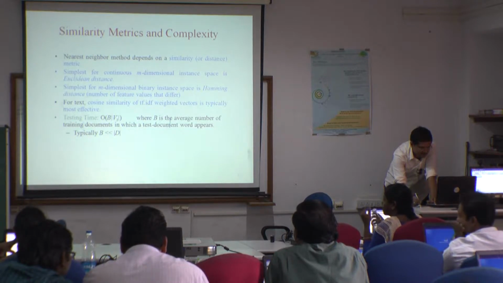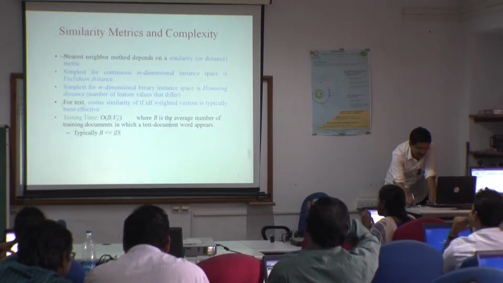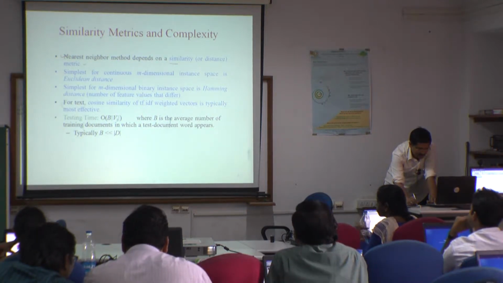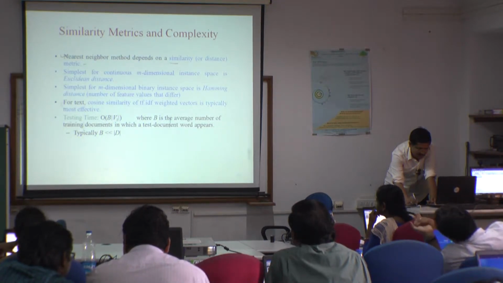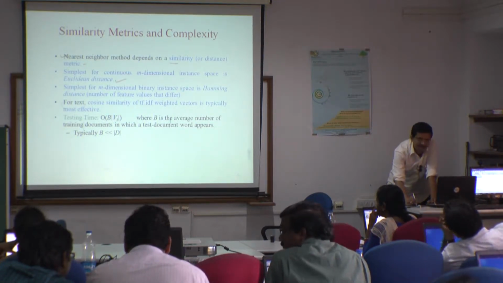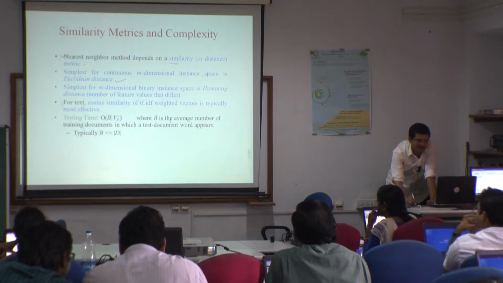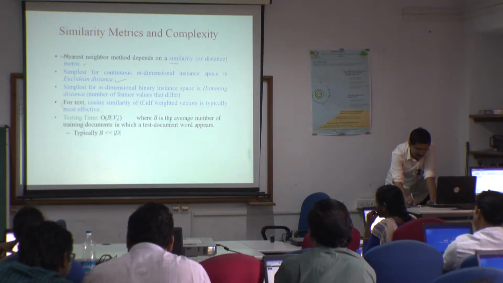Similarity metrics and complexity. Nearest neighbor based methods depend upon the similarity or distance metric. The simplest for continuous m dimensional instance space is Euclidean distance. For binary instance space you can use Hamming distance.